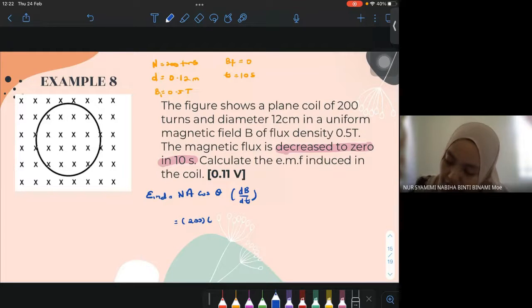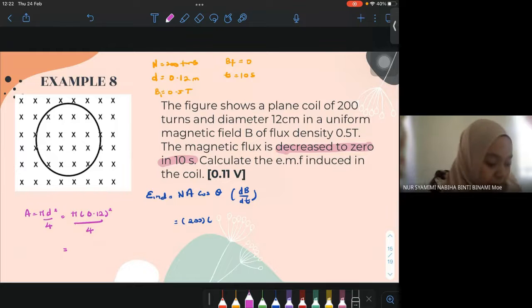The area is not given, but it gives us the diameter. So A is equals to pi d squared over 4. So pi 0.12 squared divided by 4. Berapa area kita dapat? 0.0113 meter square.